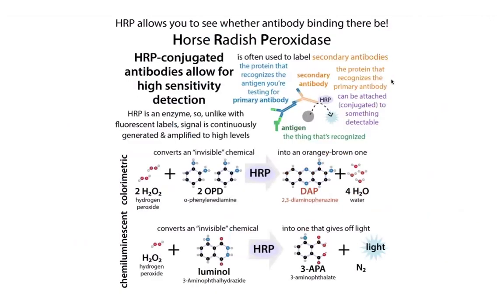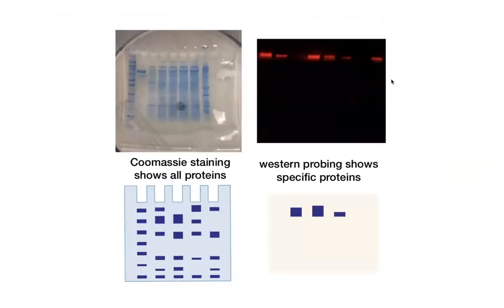They can also be enzymes like horseradish peroxidase, HRP, which can transform an invisible chemical into a colored one, or one that gives off light. So there are various methods using secondary antibodies conjugated to various things that you can detect. One way or the other, you're going to be able to go and see where that antibody was bound, showing you where the protein was.